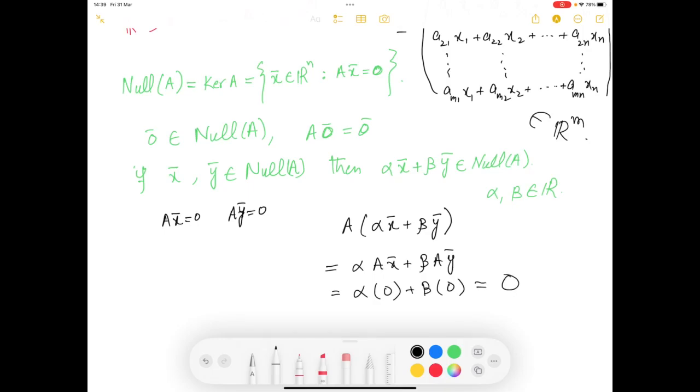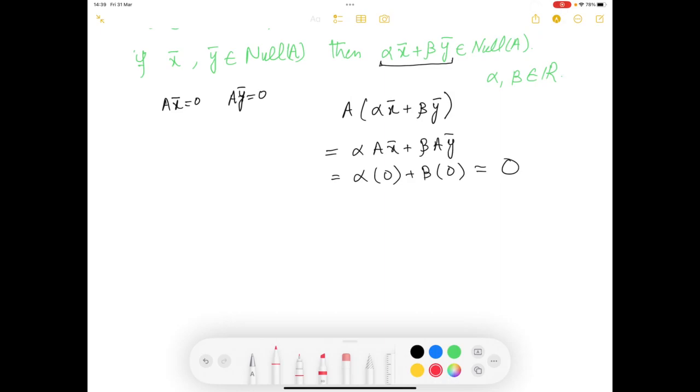So alpha times x plus beta times y is also in the null space of A, which shows that the null space of A is a vector subspace of Rn.